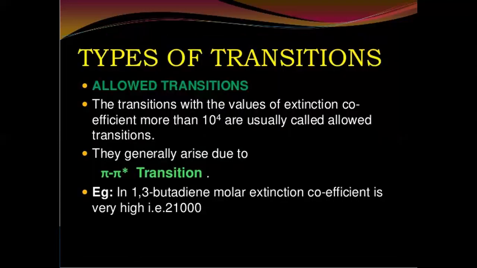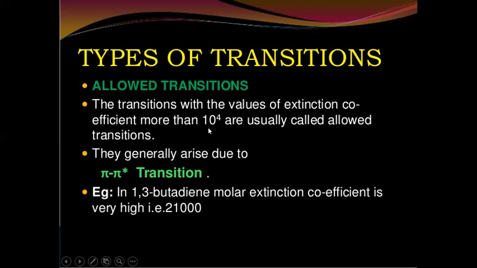Now, types of transitions. Now we'll see what are the allowed transitions, what is a chromophore, what is an auxochrome, what is a blue shift. We'll see in brief. n to sigma star, I have told you how these transitions are occurring. And what are the allowed transitions? The transitions with values of molar extinction coefficient more than 10 to the power of 4 are allowed.